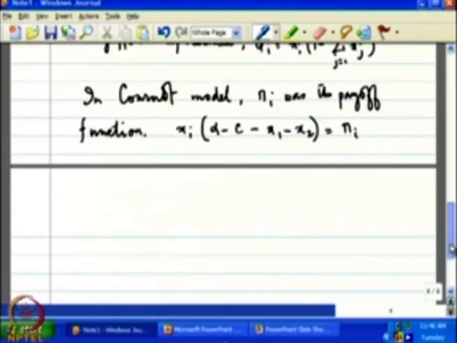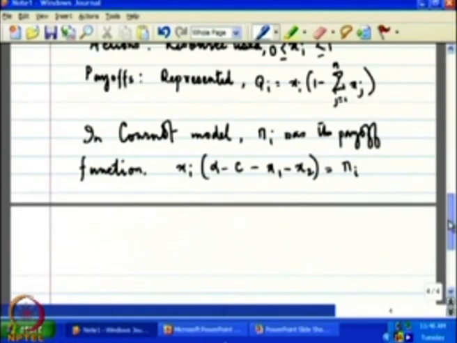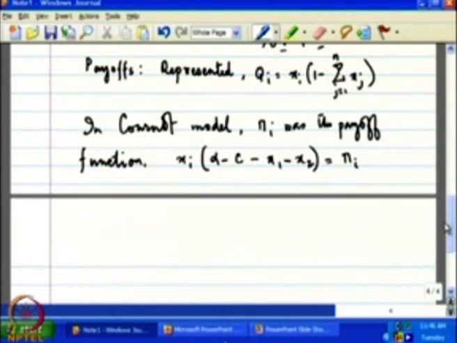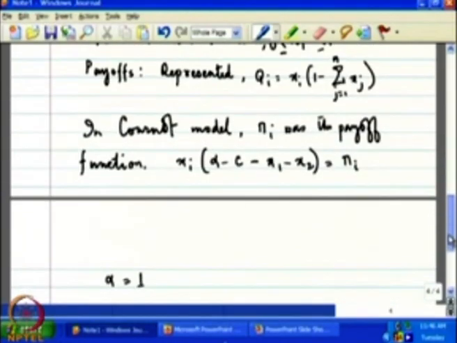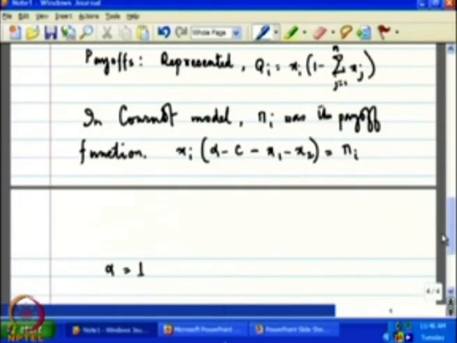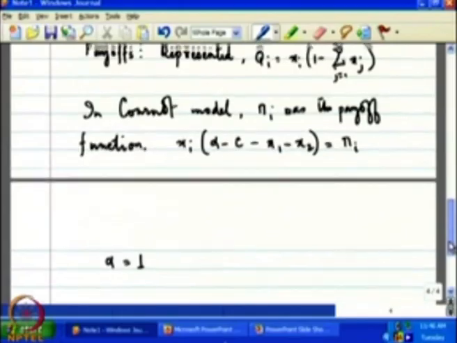However, I used qi, I did not use xi, but nevertheless I can assume that qi is equal to xi without loss of generality. Now, if I compare this with the setting that I have right now, then what are the parallels? The parallel is that alpha is equal to 1, because the first constant we have in this setting is 1, whereas the first constant in that setting was alpha.